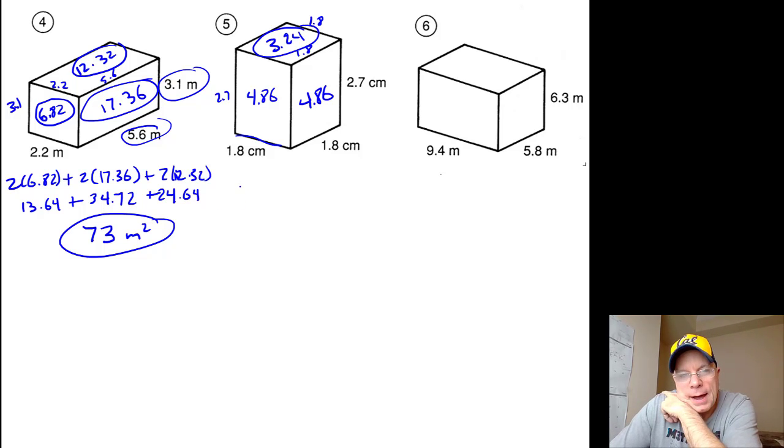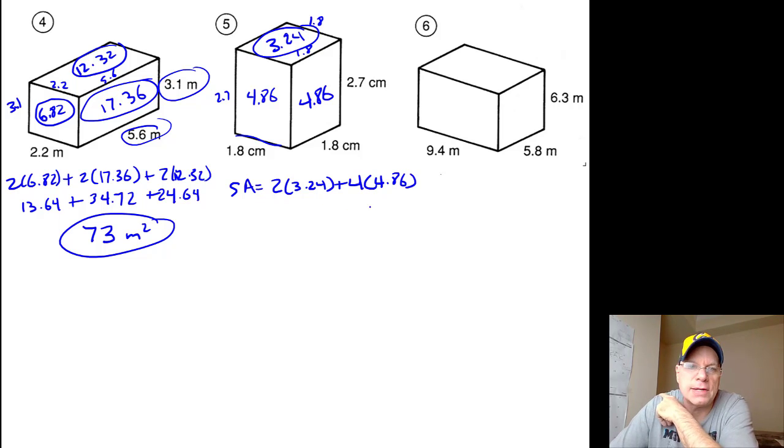So I have my surface area is 2 3.24s plus 4 4.86s. So you see how your surface area formula changes depending on how many faces are congruent to each other. So the surface area is 6.48 plus 19.44, and another 19.44.